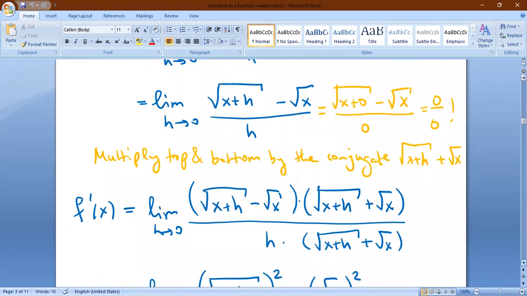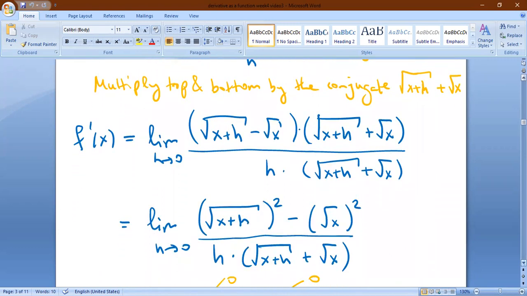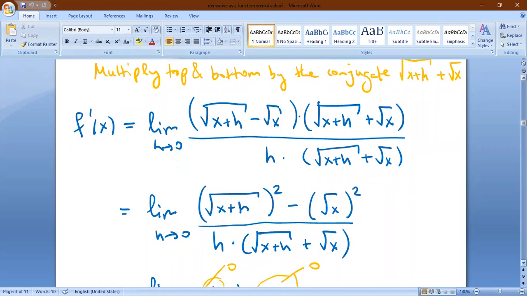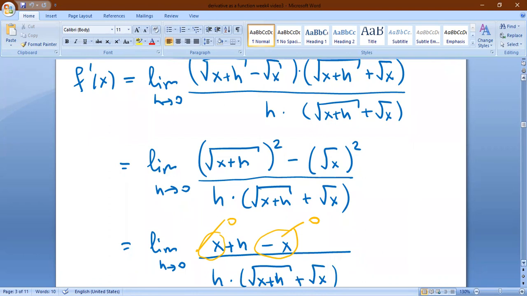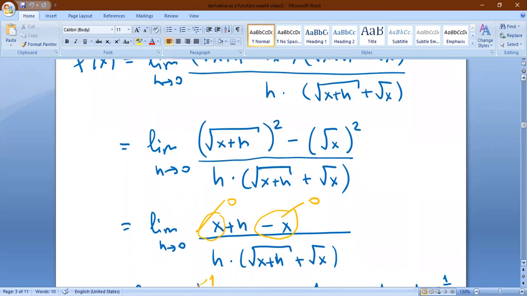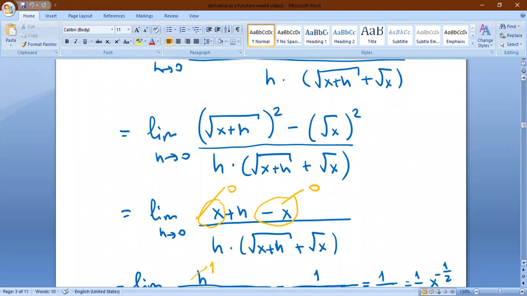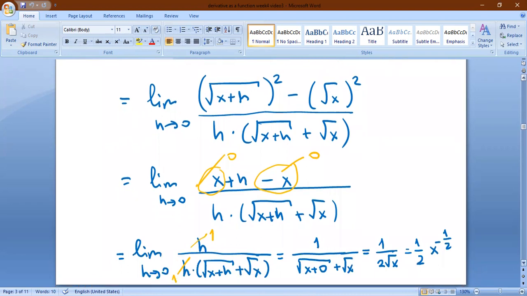So if we do this, what's going to happen? We are going to have on the top the square of the first square root minus the square of the second square root, and all divided by h times the conjugate. So square root and square cancel, and on the top we have x plus h minus x, where the x terms cancel because one is plus x, the other one is minus x.